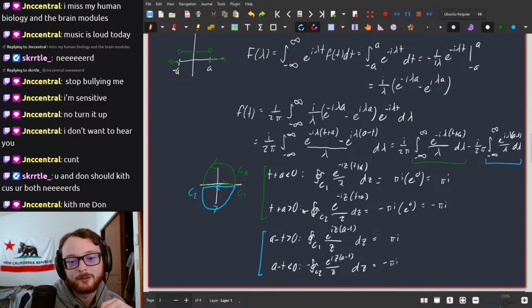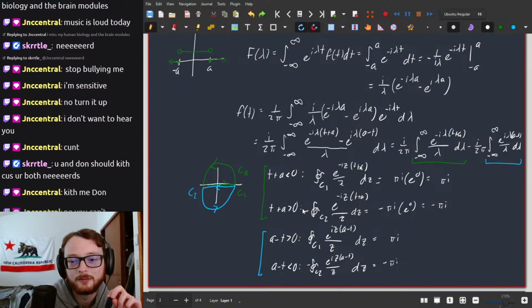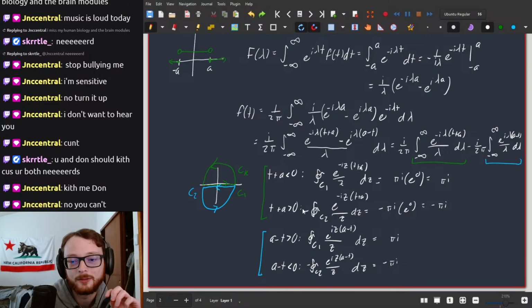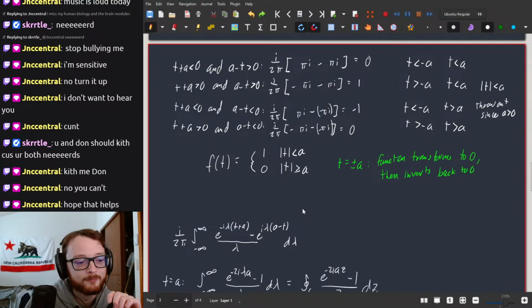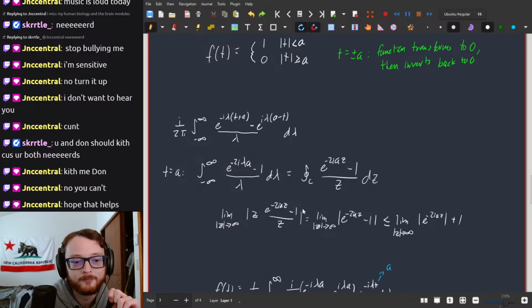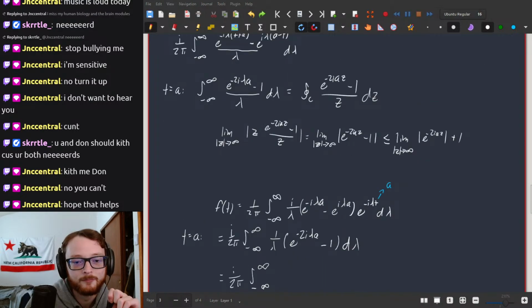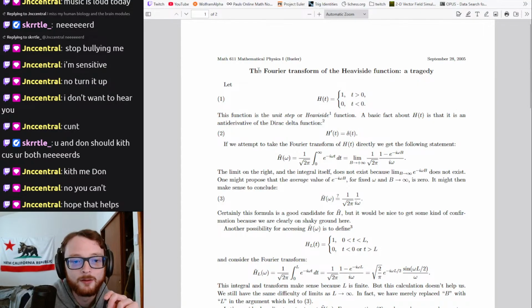Can I take a result from later? Not really. Hmm. Okay. Well, let's look at this. The Fourier transform with the Heaviside function, a tragedy.